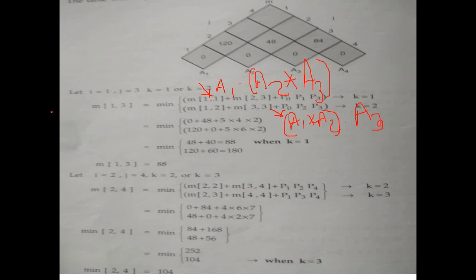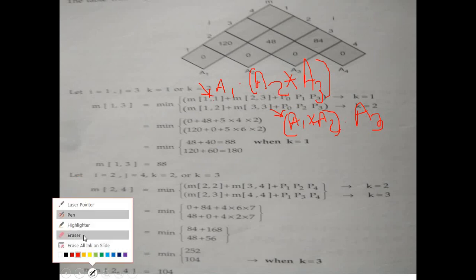If we want to multiply A1, A2 and A3, then two ways are here. The first way says that we multiply A2 and A3 and then multiply its result with A1. The second way says that we multiply A1 and A2 first, then its result will be multiplied with A3. So this we have taken into this example.